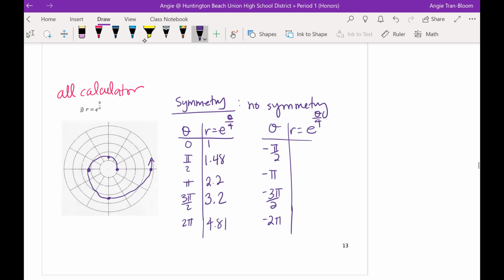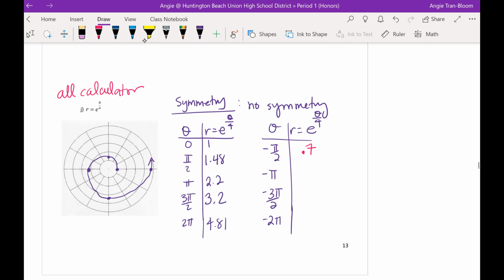So manually punch it in, let me know. What did it give you? Yeah, 0.675. Is it negative or positive? You said positive? Positive 0.675? Okay.